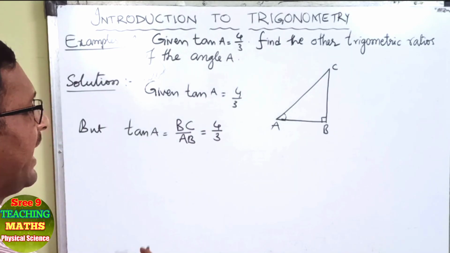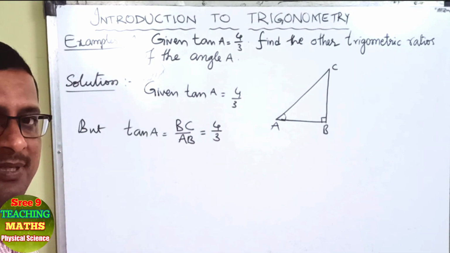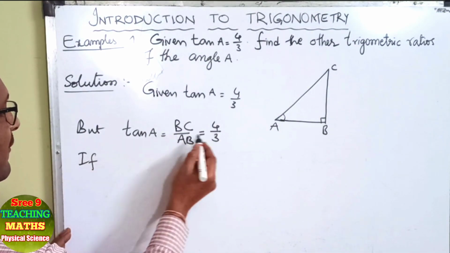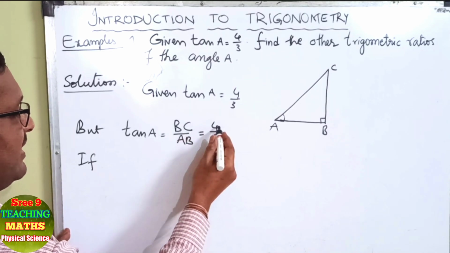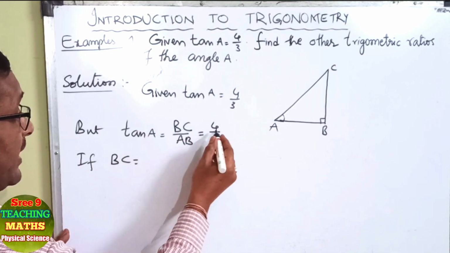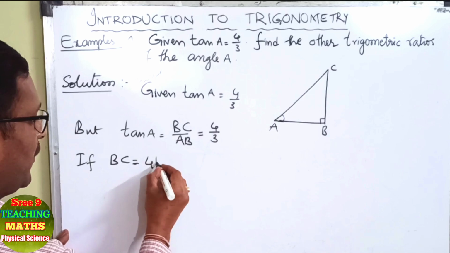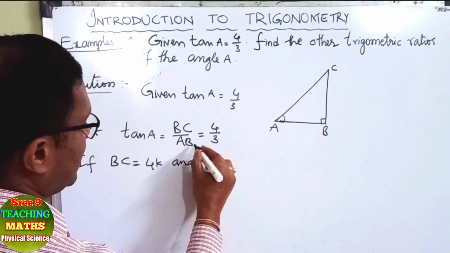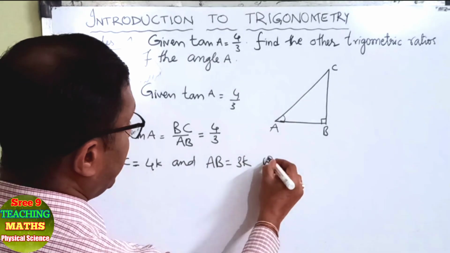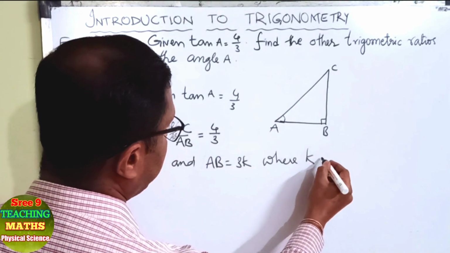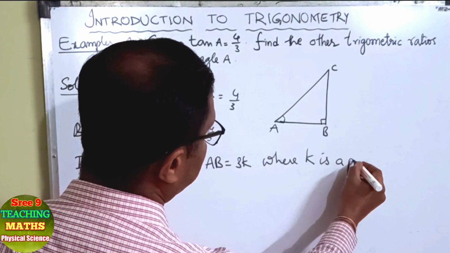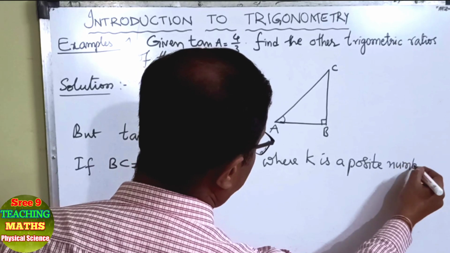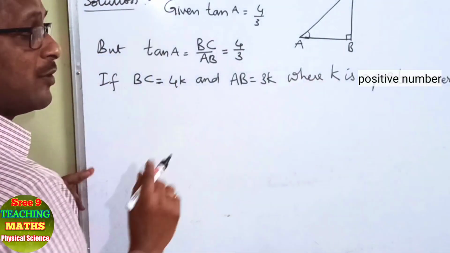Okay, so here as we are comparing the ratios, we have to take BC not exactly 4, it will be 4K, and AB is equal to 3K. Where K is a positive number, positive because there is no negative sign.